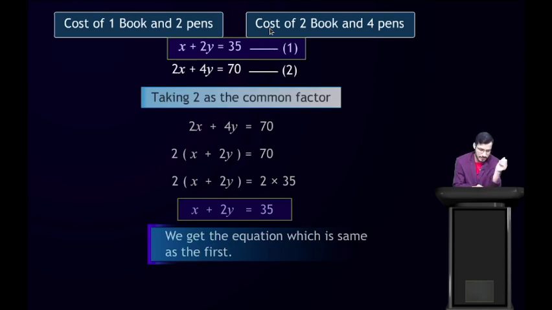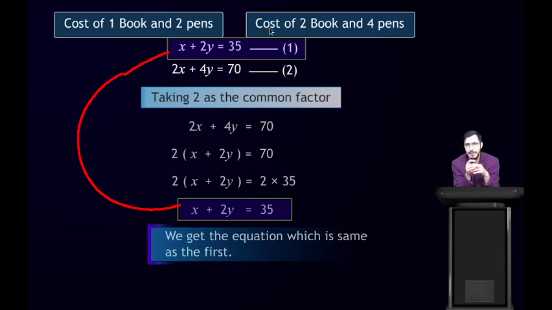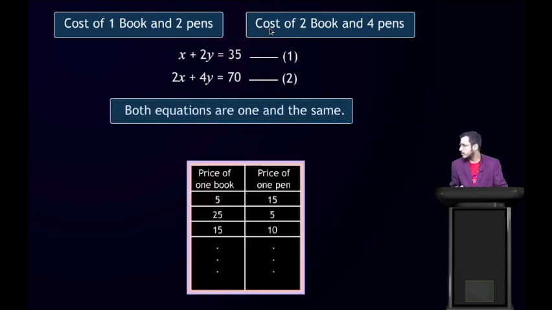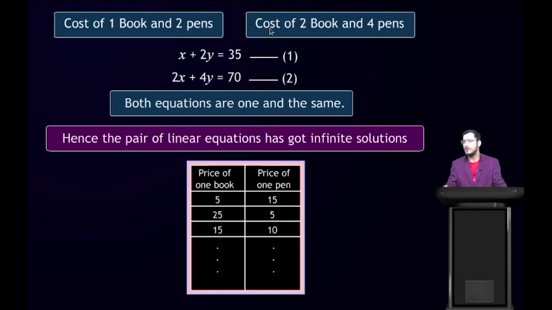Same equation means the same line we can draw on a graph paper. So in this case, infinitely many solutions. Both equations are one and the same. Hence the pair of linear equations has infinite solutions.